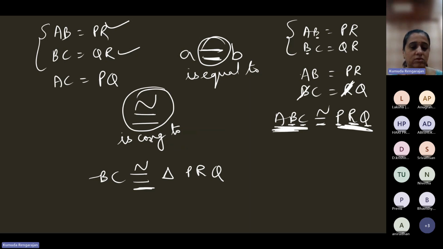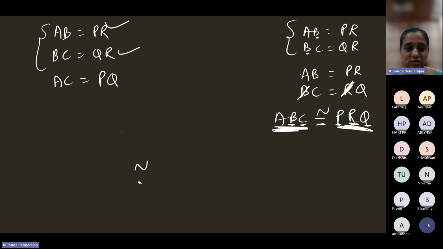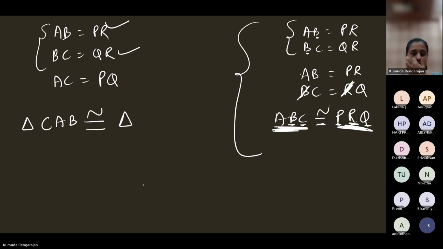Okay, now my questions to you. Now, if I say for the same situation, children, if I name the first triangle as triangle CAB, then congruent to what? Tell me.